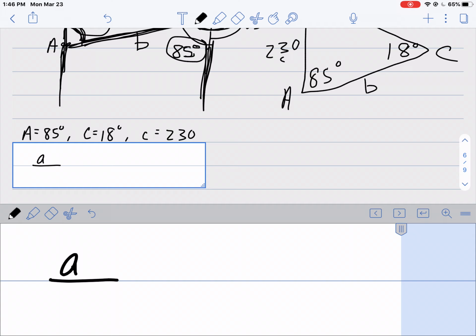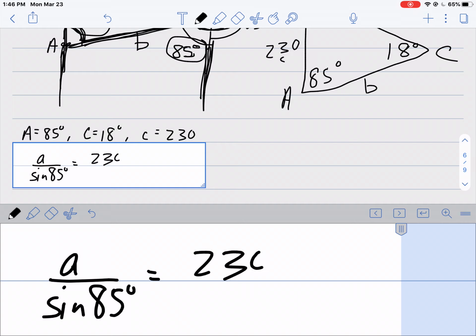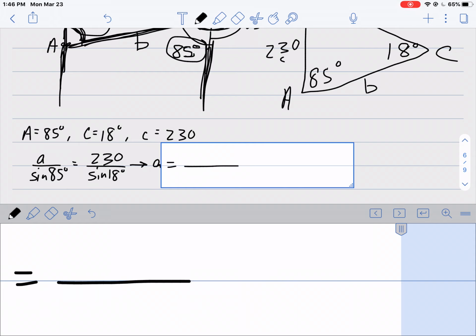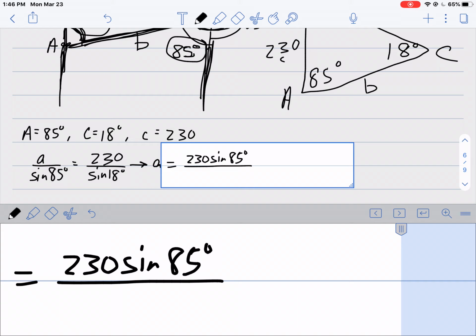I'm going to go A over sine A equals C over sine C, which means A then would be equal to 230 sine of 85 over the sine of 18.